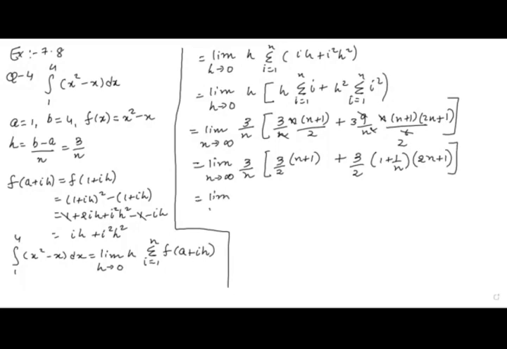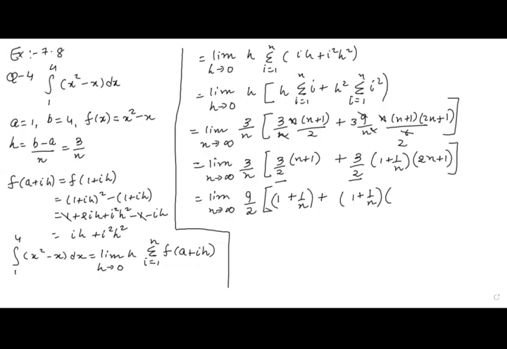I can take 3 by 2 common outside from both of these. Then I will have 3 threes are 9 by 2, and I will take this n inside. So 1 plus 1 by n, plus, here this n will divide with this second term to give 2 plus 1 by n.